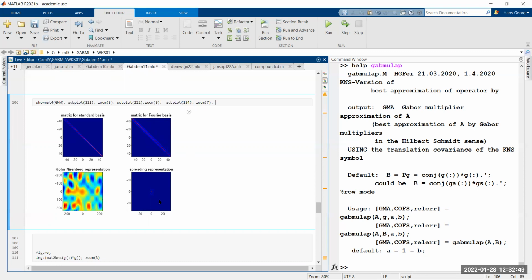And here it's too faint. I think we should look at the spreading function even closer, but I will do it separately. So the point is, maybe we do this spreading function of the Gabor multiplier with weight. So a new figure to show how concentrated it is.